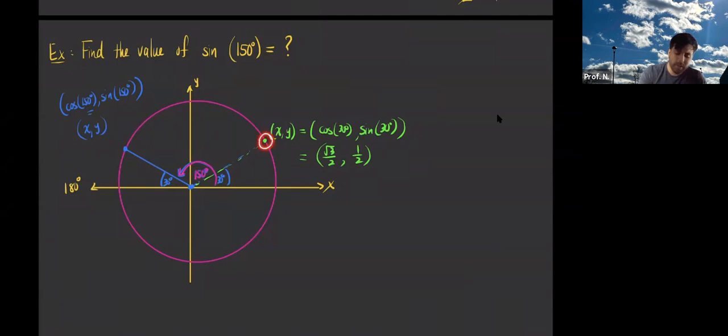This point right here is just the mirror image of this point right here. I know the coordinates of this point. I just reflect it across the y-axis. So what happens? What are the coordinates of that point now? Isn't it going to be negative rad 3 over 2, comma 1/2?